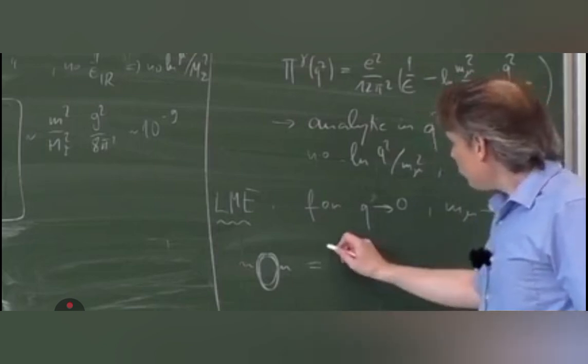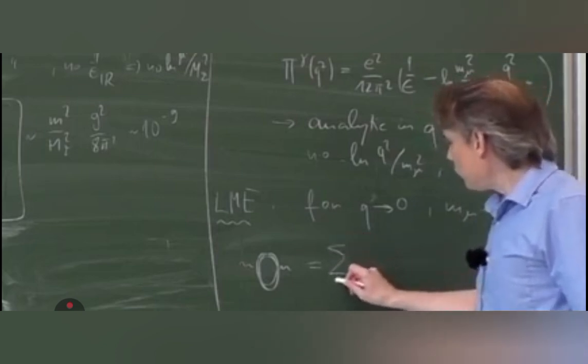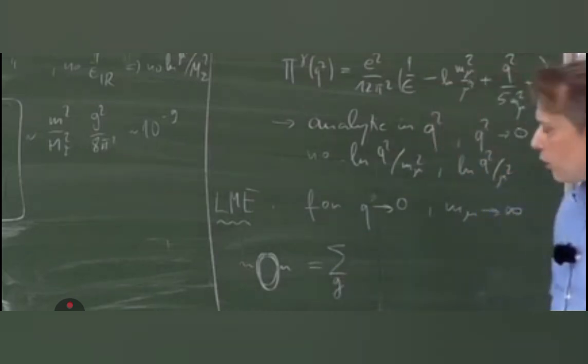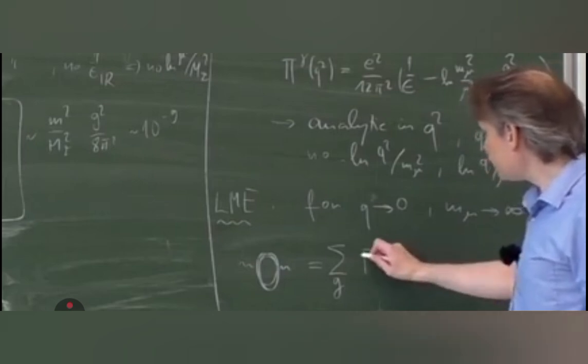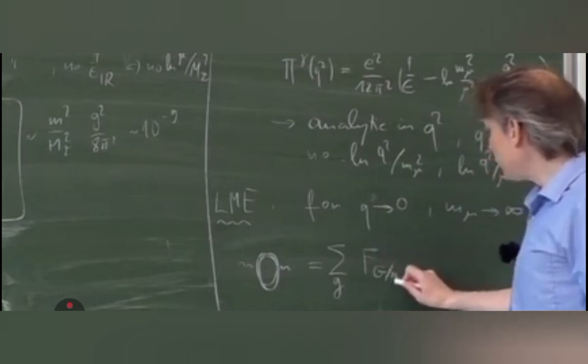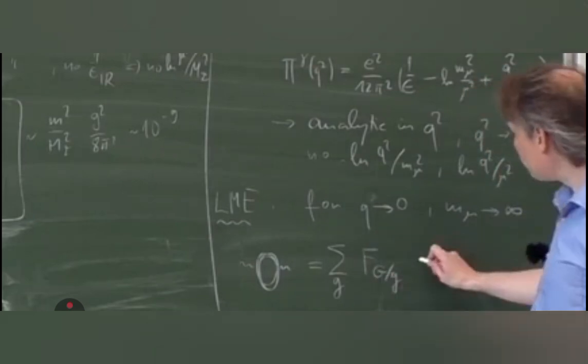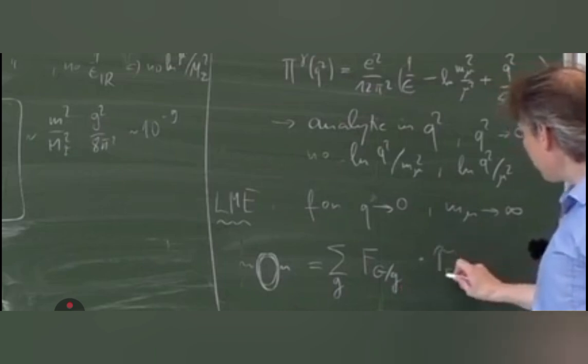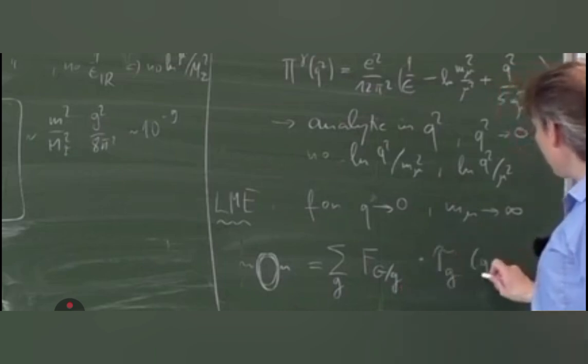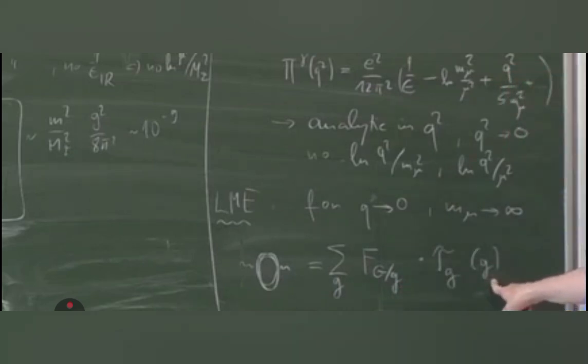We have to do a sum over a set of subgraphs γ, and for each subgraph we take the amplitude of the full graph divided by γ times the Taylor expansion of the subgraph γ with respect to the external small variables going into the subgraph γ.